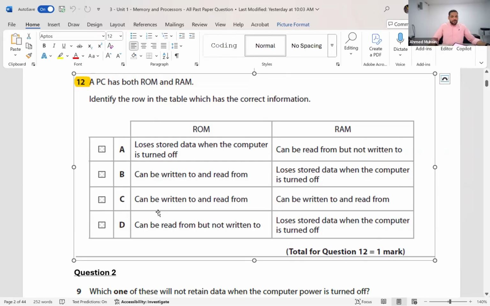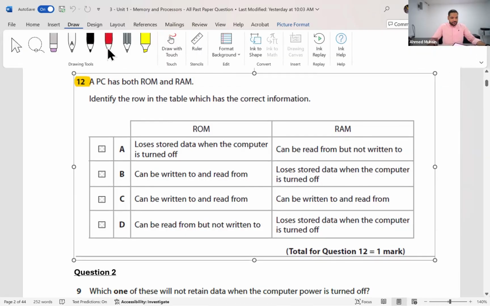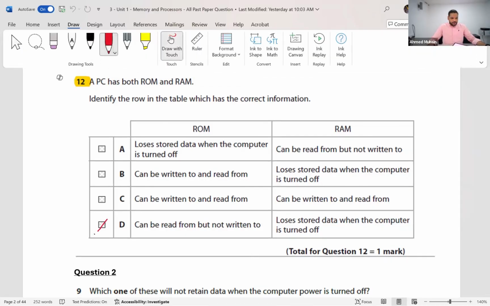Look at answer C. It can be written to. You cannot write anything to your ROM chip. So here your remaining answer is D. Can everyone put D there? Your answer here is D. One by one, we saw A can't be, B cannot be, C also cannot be.